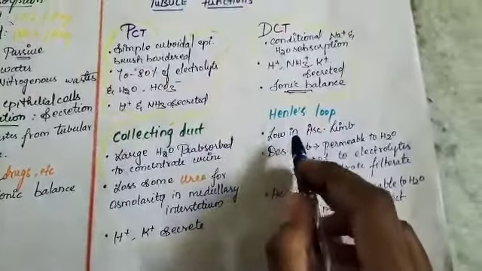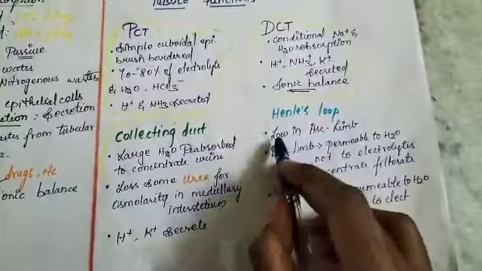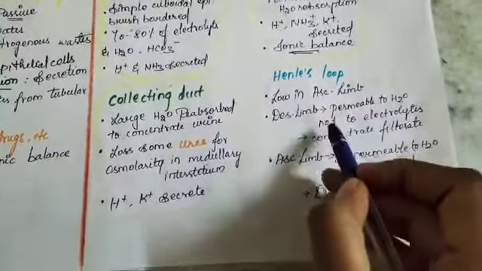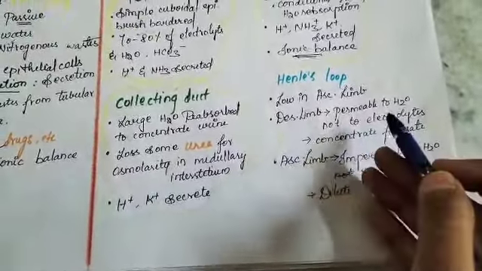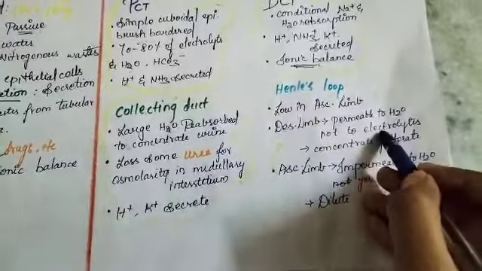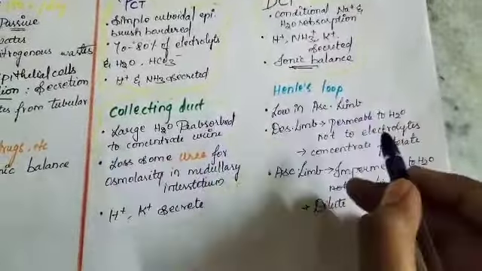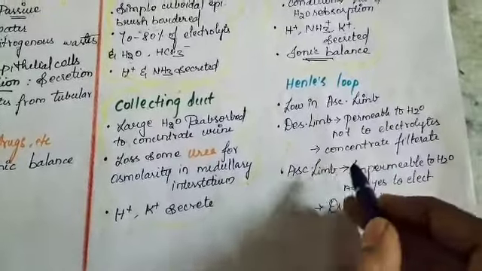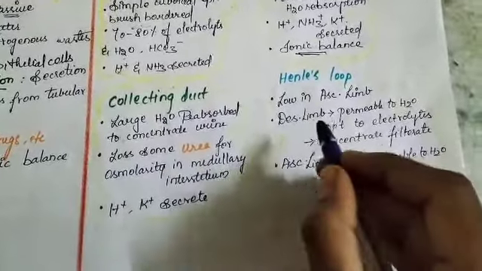In Henle's loop, reabsorption takes place in the ascending limb. The descending limb is permeable to water, so it loses water to the interstitium, but it is impermeable to electrolytes. So it concentrates the filtrate in the descending limb.